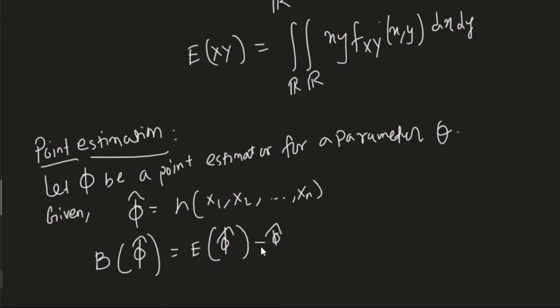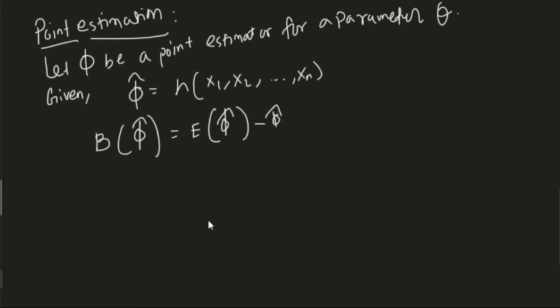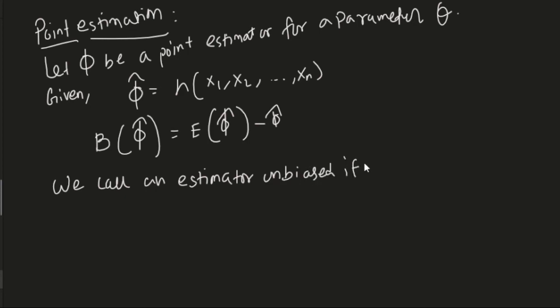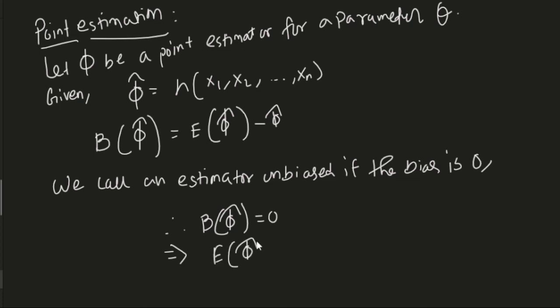So that is how bias is defined, and we call it unbiased if the bias is 0. So if this happens, we call our estimator unbiased, right?